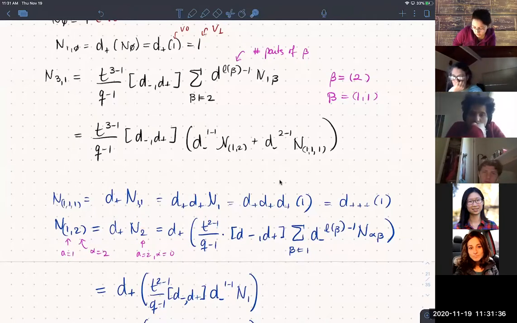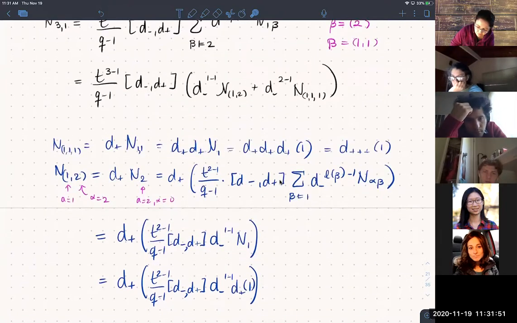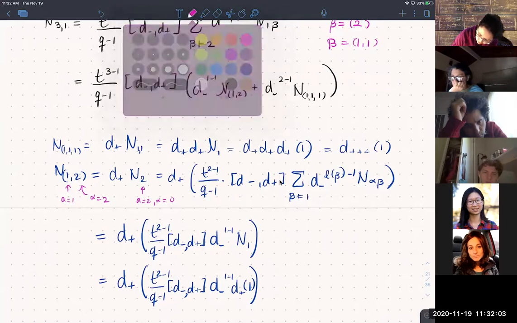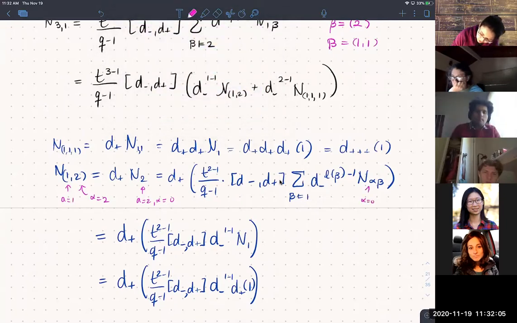And then for n2, we want to think of this as a equaling 2 and alpha equals 0, right? And then we play the same game again, but now we've cut it down to betas of size 1, which is just obviously the one thing. So if we just go through and work it out, this is just going to be one term, which is when alpha equals 0, and then beta has to equal 1, which is n of 1.